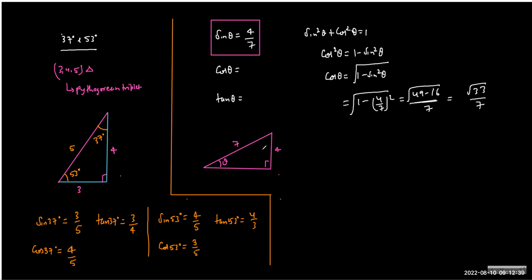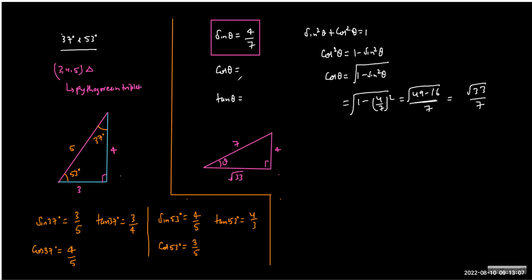Even if I draw a triangle like this, that's sufficient. And the moment we have two sides, we can find the third side using Pythagoras, which is 7 square minus 4 square, which is how much? Root 33. So always make sure that you draw a triangle quickly and find the missing value. And once you find the missing value, the other ratios you can quickly express by looking at the triangle. No need to do this calculation again.